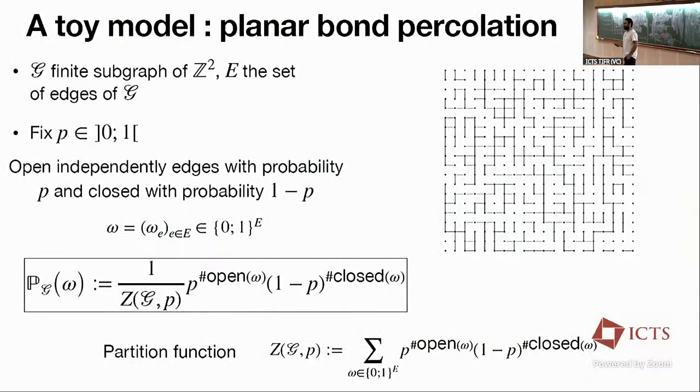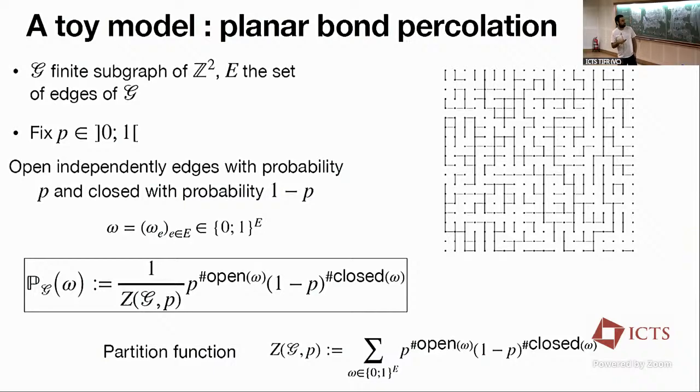So I will go back to just very basic explanations on percolation. The easiest model we're going to discuss is planar bond percolation. You take a subgraph of Z2 and you fix a bond parameter P, which is uniform for the entire lattice, between 0 and 1. Then you open edges independently of each other with probability P, and you close them with probability 1 minus P. You get a picture like this, a random subgraph of Z2.